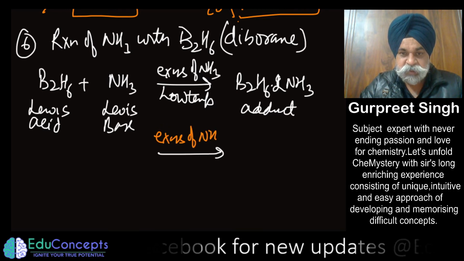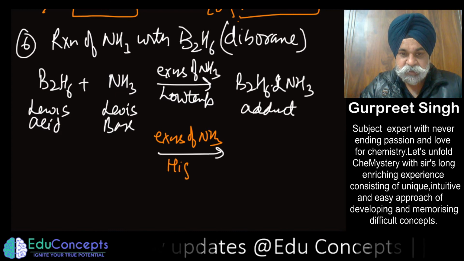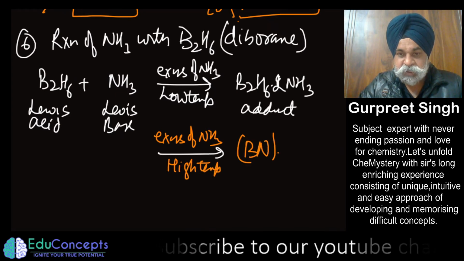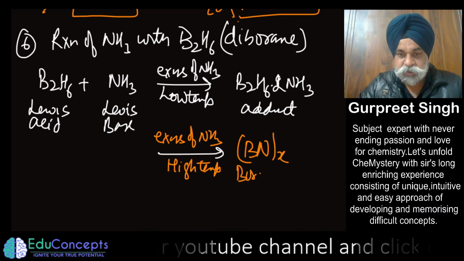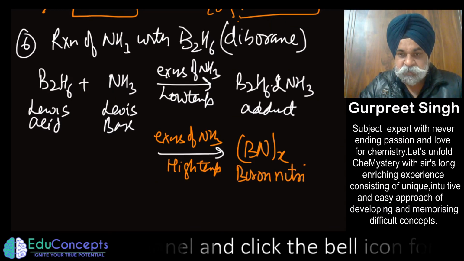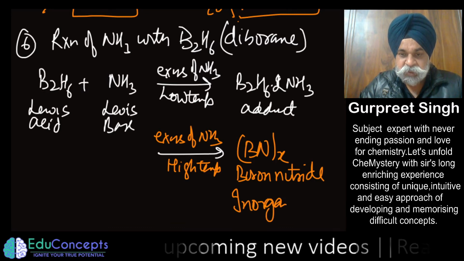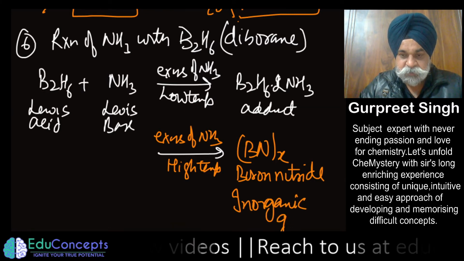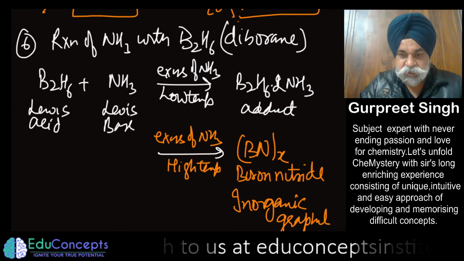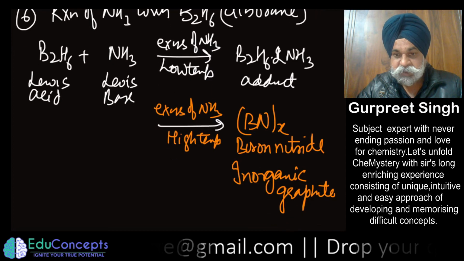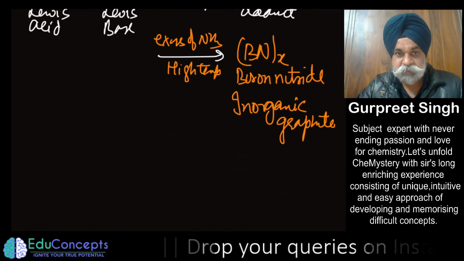But if the same diborane and ammonia are treated with excess ammonia at high temperature, then instead of this you would get BN. This is called boron nitride, and this also is called inorganic graphite. For the details of these reactions, you have to refer to the boron family video, which will soon be uploaded.